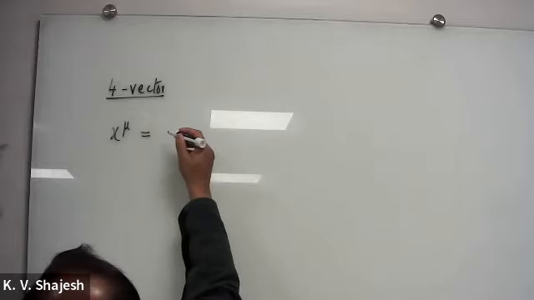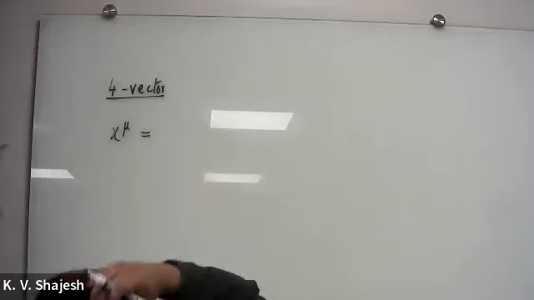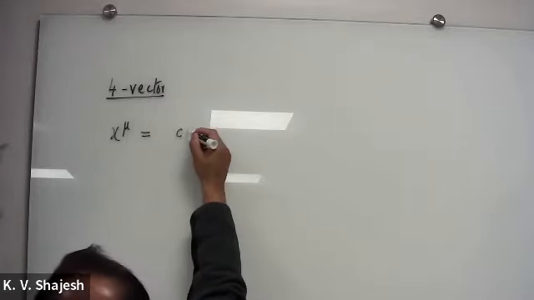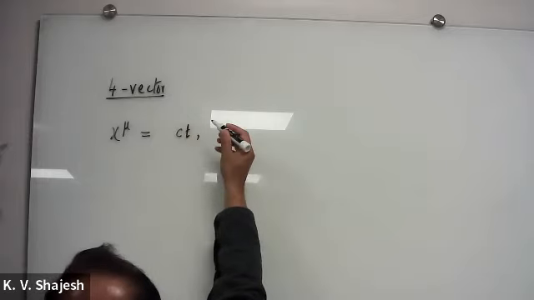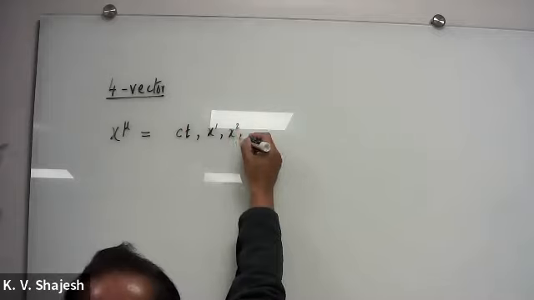In those terms, we will write x mu as c times t, and x1, x2, x3.